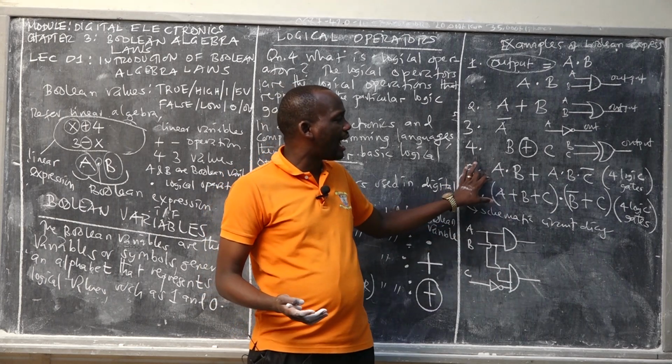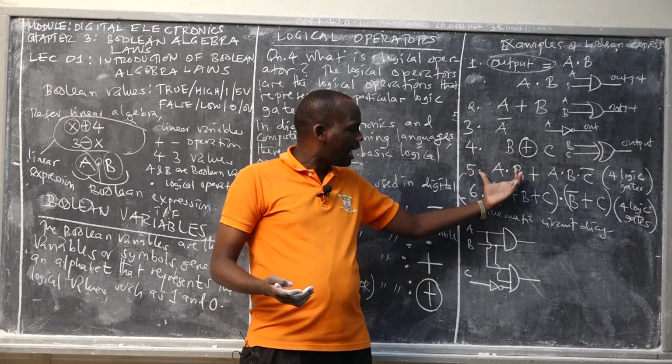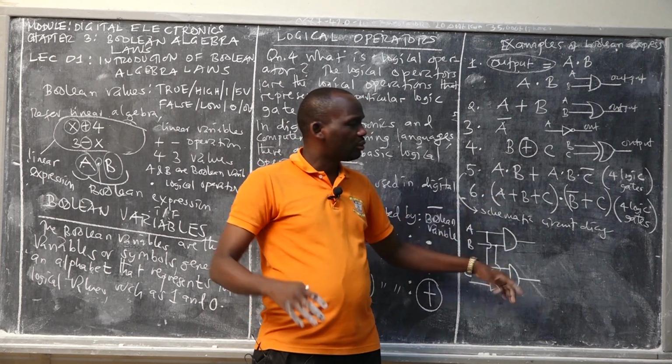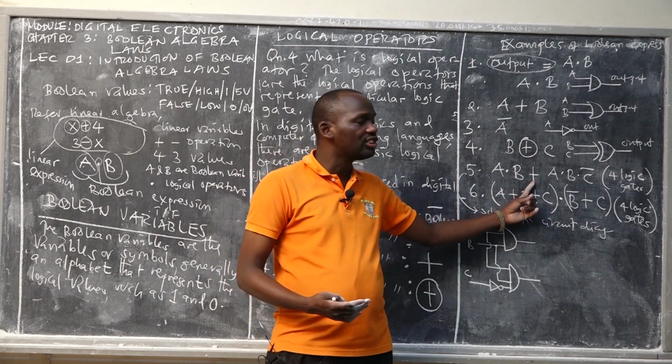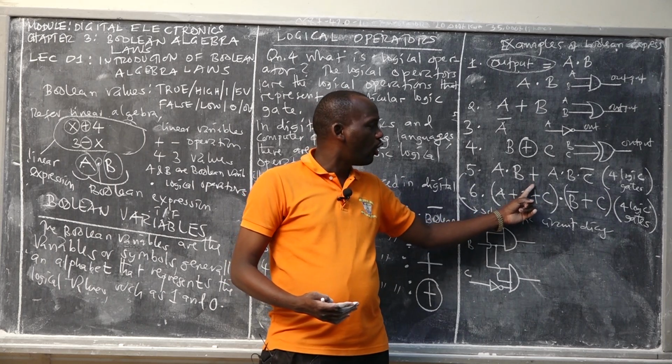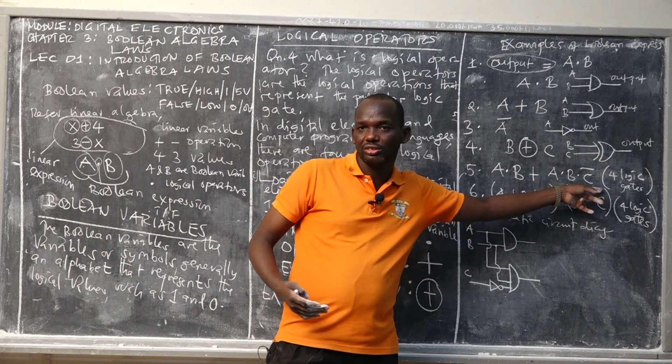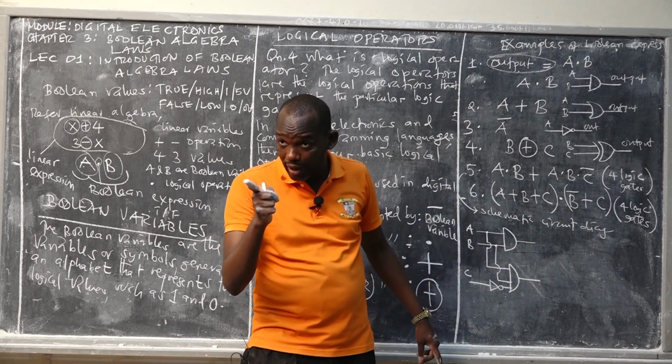But you have to make sure that you draw the single logic expressions first, and then we'll be combining. So this OR operator is combining the output of this and the output of this. Are we together?